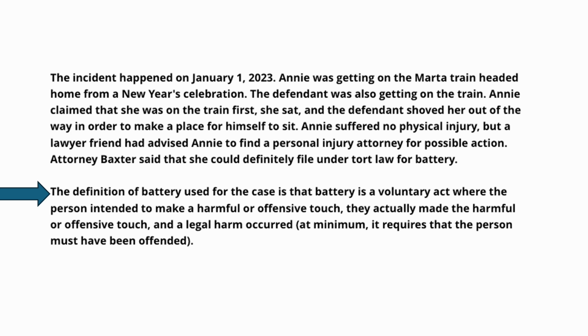The definition of battery is, you would put something like, Georgia law states that battery is a voluntary act where the person intended to make the harmful or offensive touch, they actually made the harmful or offensive touch, and legal harm occurred. Don't add the rest of the stuff that at minimum they have to be offended, because none of that matters.